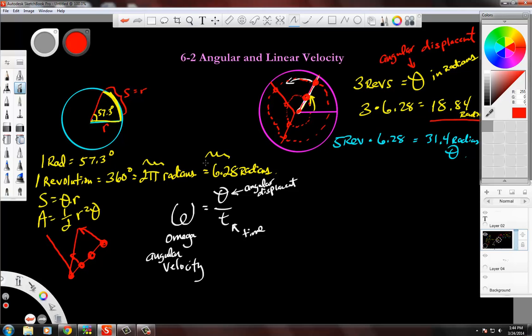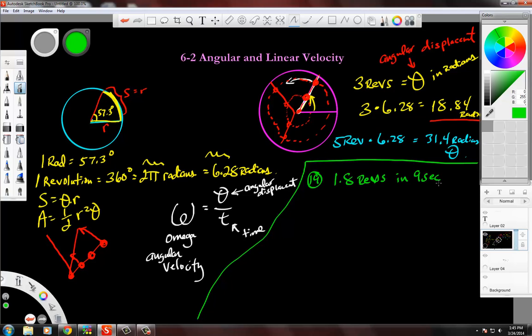Now, I want to do a problem right here. This is number 19. It says, find the angular velocity in 1.8 revolutions in 9 seconds.